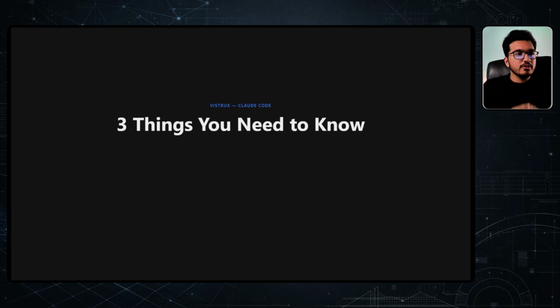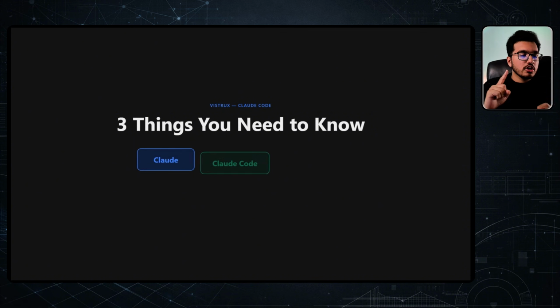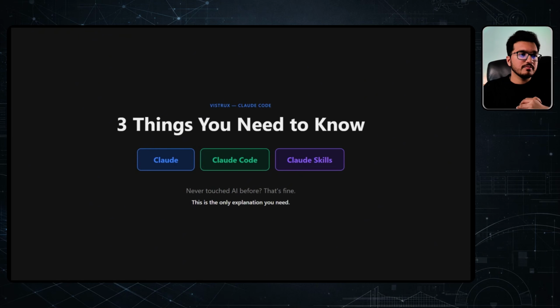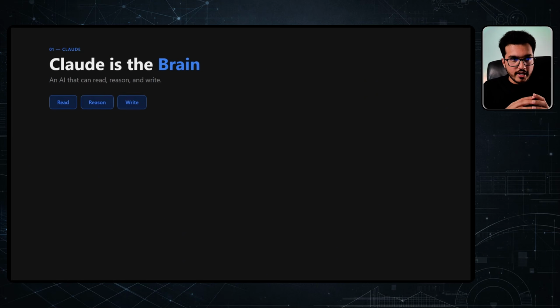Before we get into the system, let me explain the three things you need to know: Claude, Claude Code, and Claude Skills. If you have never touched AI before, that's fine. This is the only explanation you need. Claude is the brain.